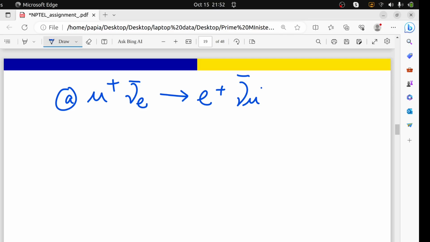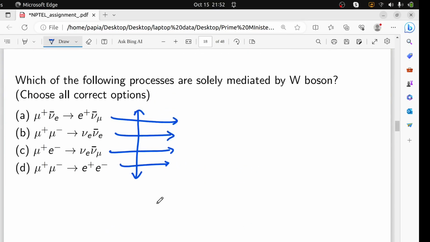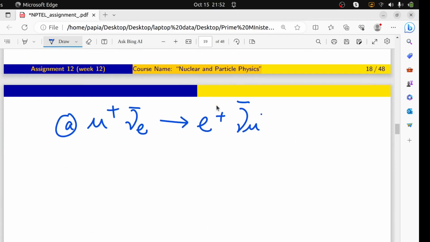If it is not allowed, then there will be no talk about whether it is mediated by W boson or not. So if it is allowed, then only we will check whether it is mediated by W boson or not. So first of all, how to check that? As neutrino is present in that nuclear reaction, I told before also, that means obviously it will be a weak interaction.